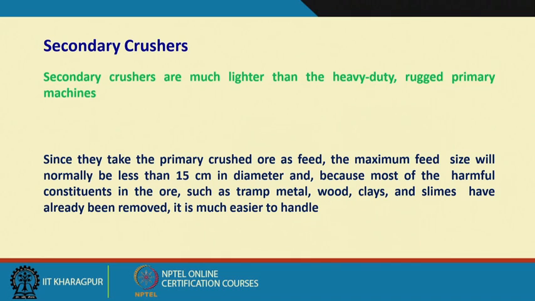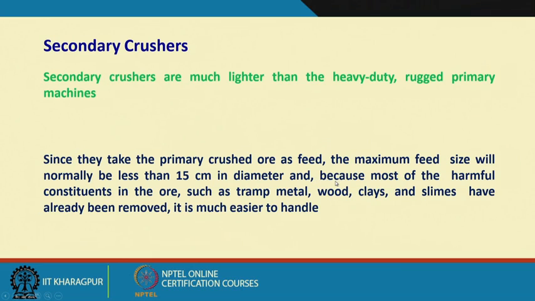Now, what I am trying to say here is that these are the precautions that I have written, which you have already taken while feeding your run of mine ore to primary crushers. So, for the secondary crushers you do not have to worry about metallic materials, wooden materials, clays and slimes, because that has already been taken care of by the upstream processes where you have used a primary crusher.